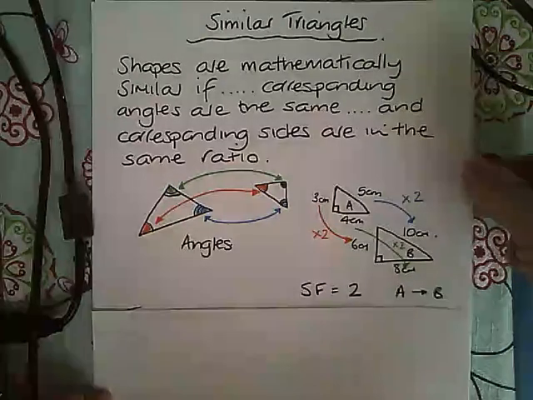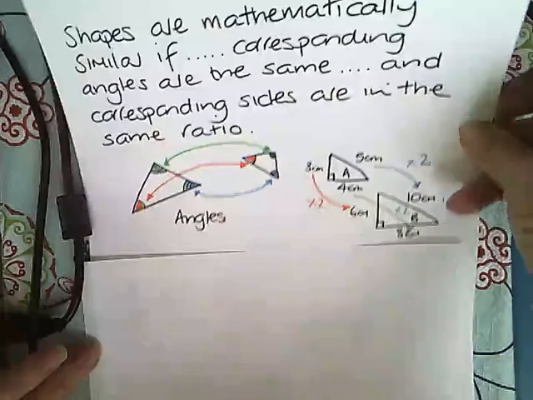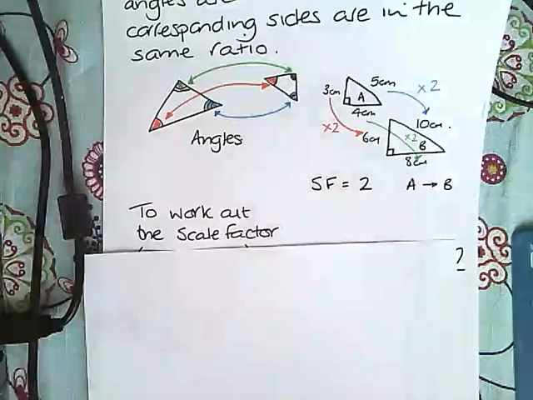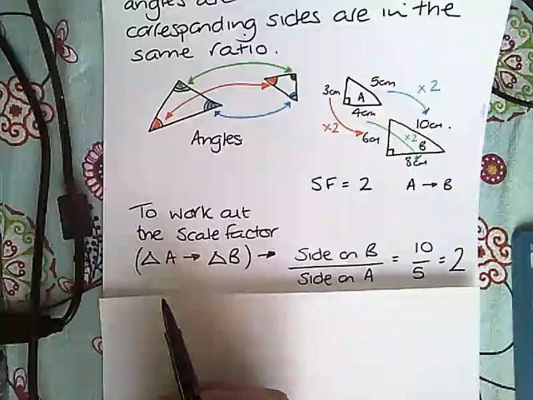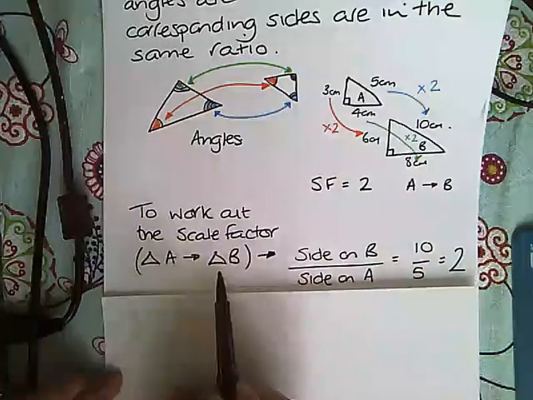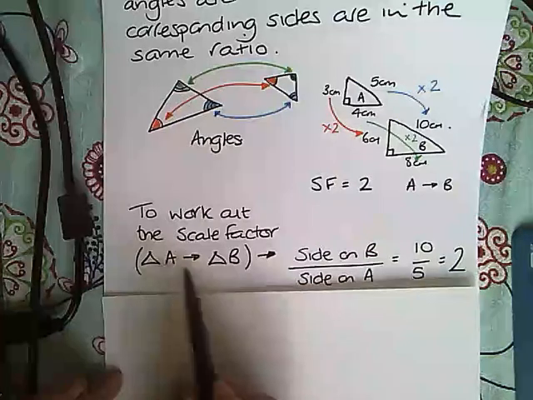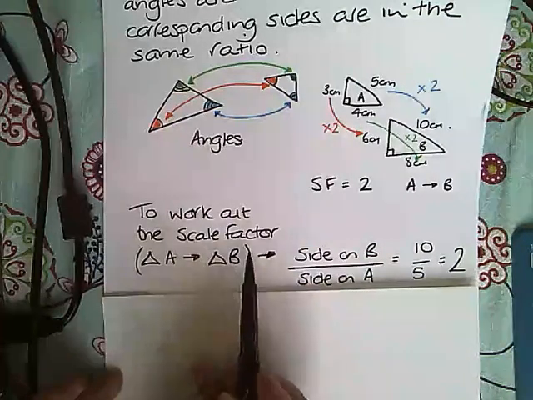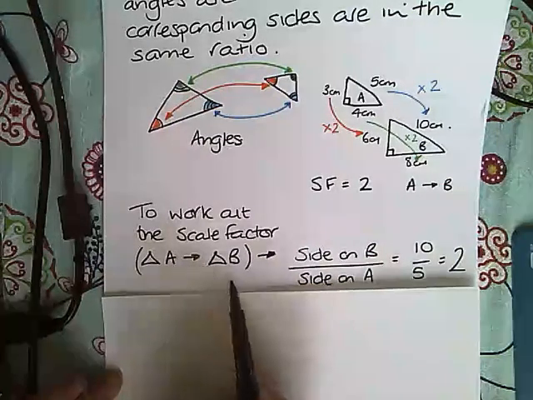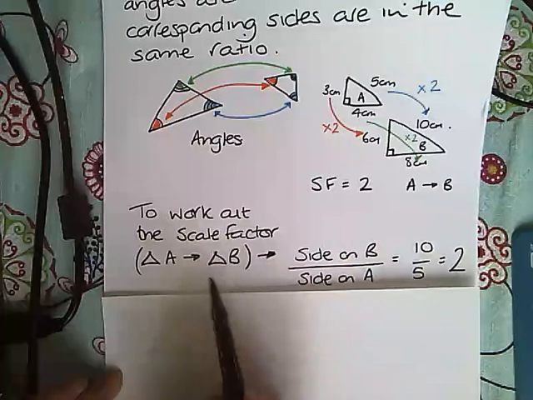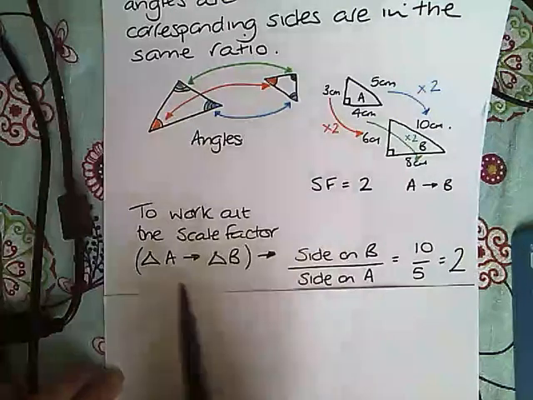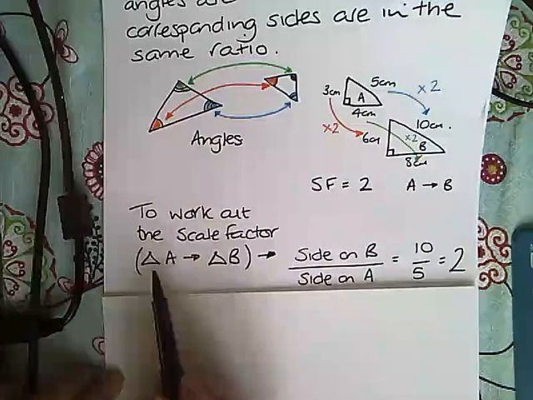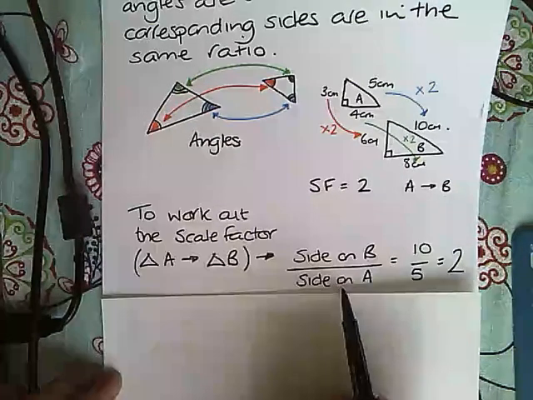Now, in order to work out the scale factor, sometimes it won't always be nice numbers. We need to think about how we are travelling from triangle A to triangle B, and it is always the side we are travelling to, or that our arrow points to, that we put on the top of a fraction, and the triangle we have come from goes on the bottom of the fraction.